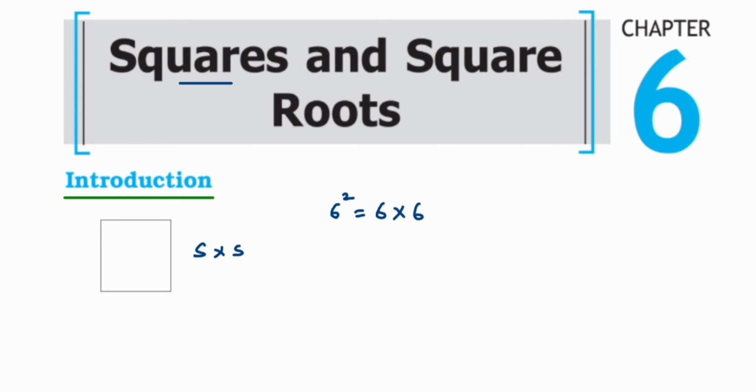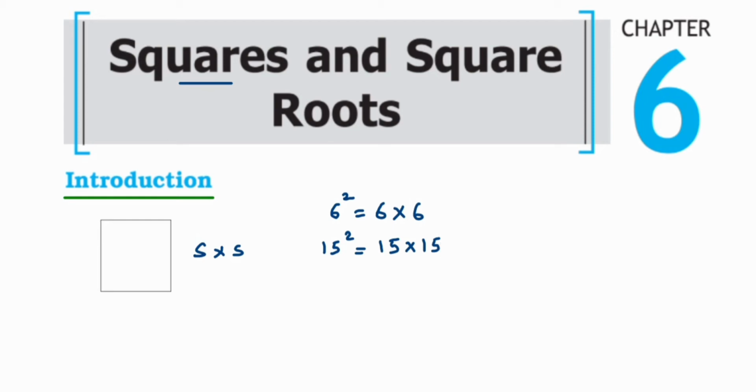Suppose I want to find the square of 15, so 15 square. They are asking us to multiply. Square means multiply 15 with itself again. That's it. So if any question comes where they're asking you to calculate the square, it means just multiply the given number with itself, and the answer we get will be the final answer.